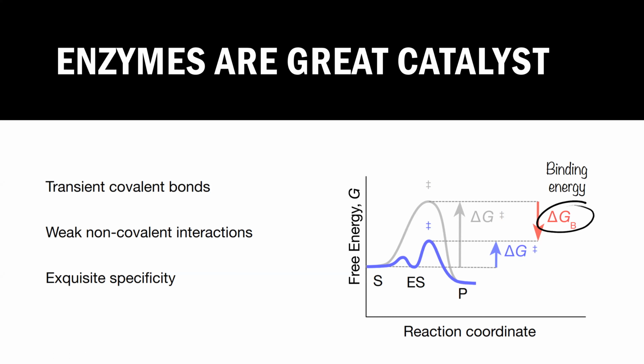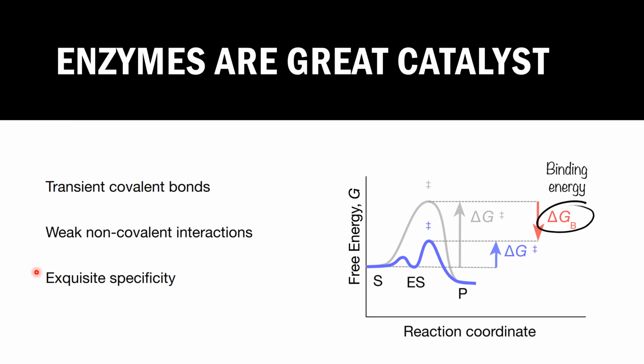There is the transient covalent bond between the enzyme and a substrate, there are the weak non-covalent interactions, and there is the exquisite specificity. As we know, enzymes are specific and very particular about the substrate, performing their action accordingly.